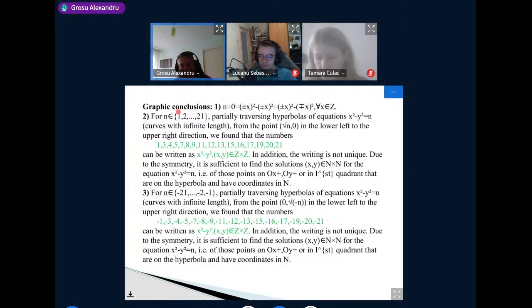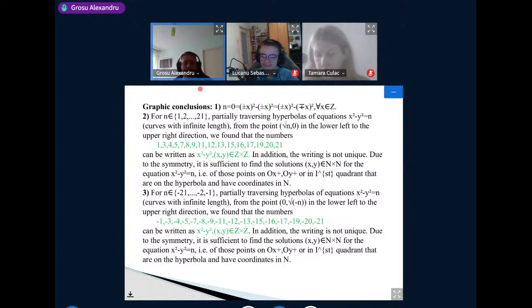So for the graphic conclusion: for n equals 0, n equals plus minus x square minus plus minus x square equals plus minus x square minus minus plus x square, whatever x integer.